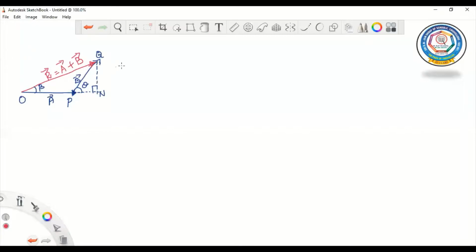So we have R square is equal to A plus B cos theta the whole square plus B sin theta square.